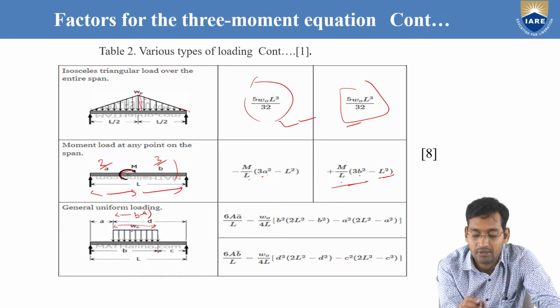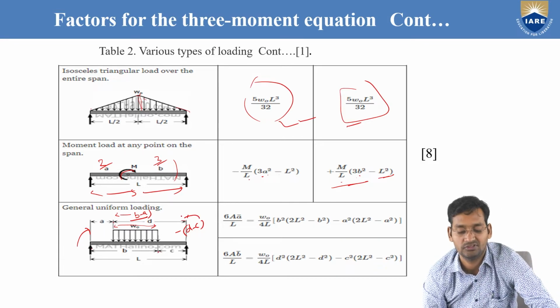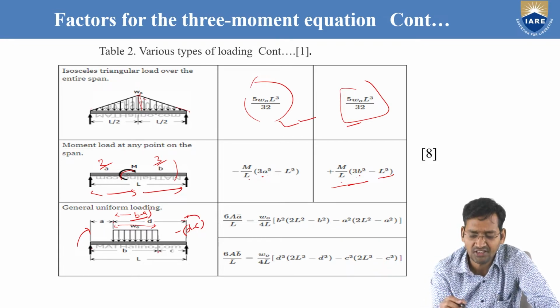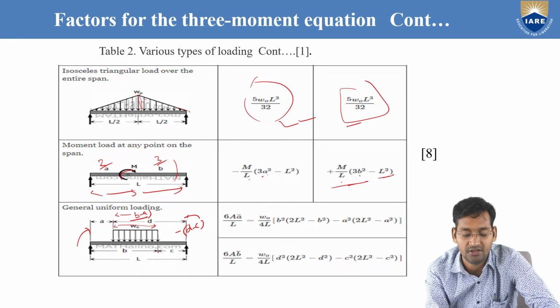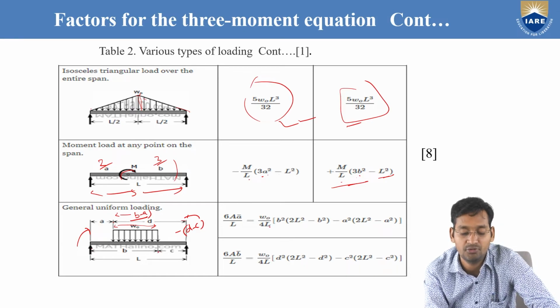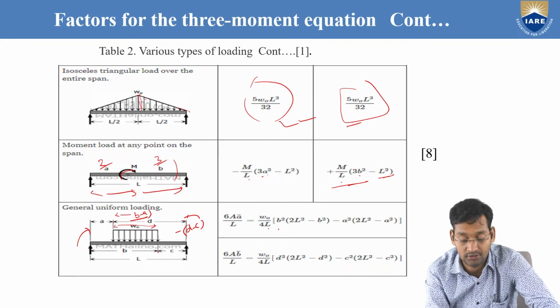Now similarly, from this side, if you take from here to here D and here to here C, in this case it will be D minus C. So for this side, D minus A, and for this side, D minus C. Right? So after substituting the same L in terms of C minus B, what we will get is 6AA by L is W naught by 4L into B square into 2L square minus B square.